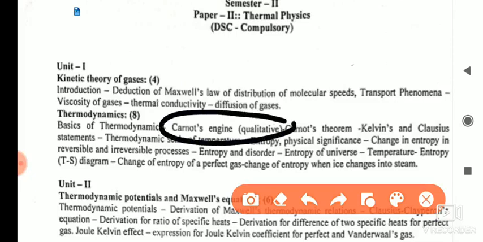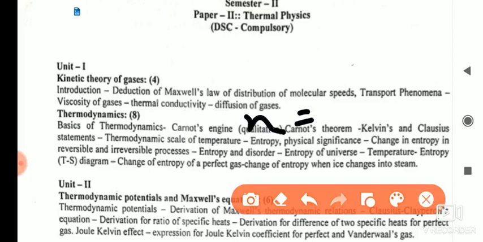Here Carnot's engine is only qualitative. The efficiency we know, eta equals 1 minus T2 by T1. We will find the efficiency of Carnot's engine, so he may ask problems for short answers.